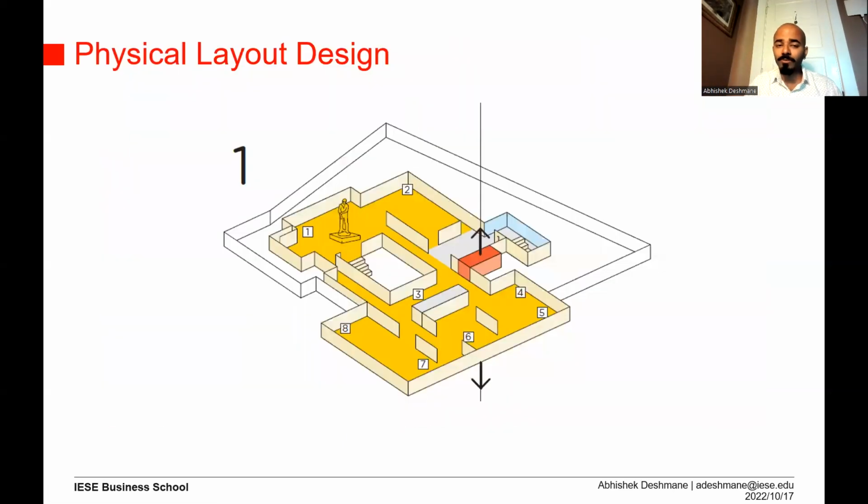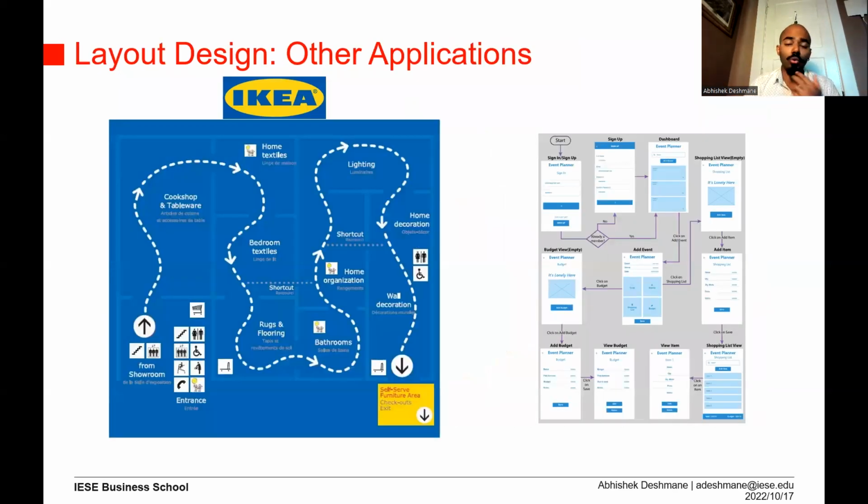So the question becomes, can we make these layout-related decisions in such a manner that these problems can at least be avoided? And if we can go a step further, can we have a better experience for people who come to the museum? When you extrapolate this problem, it can also be thought about in the context of retail stores like IKEA, where you have an experience of shopping when you go in, or an experience on a particular website.